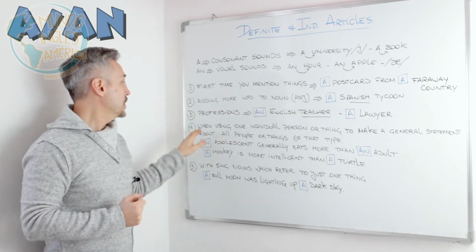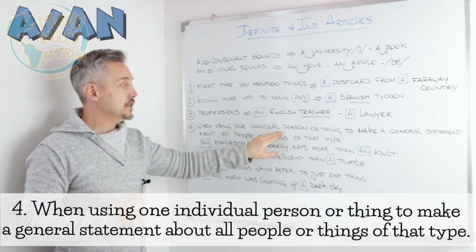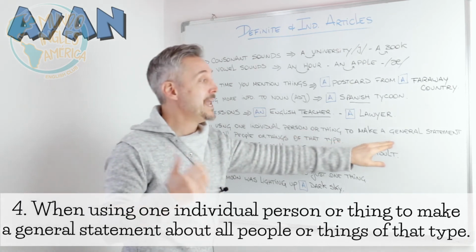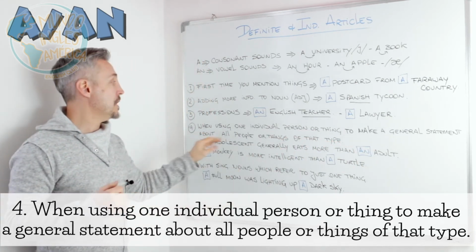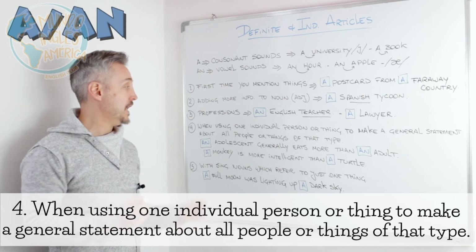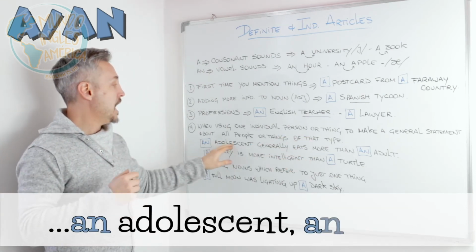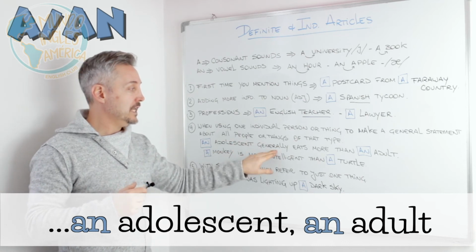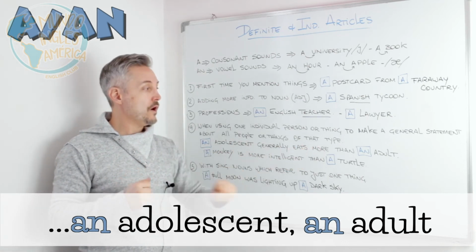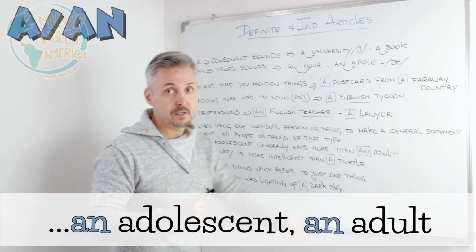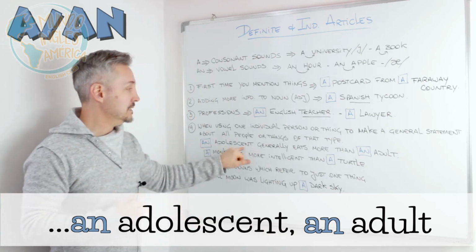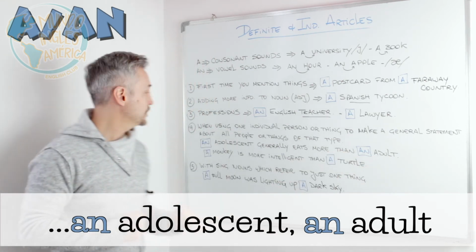Number 4th rule, when using one individual person or thing to make a general statement about all the people or things of that type. So for example, an adolescent generally eats more than an adult. So an adolescent and an adult.